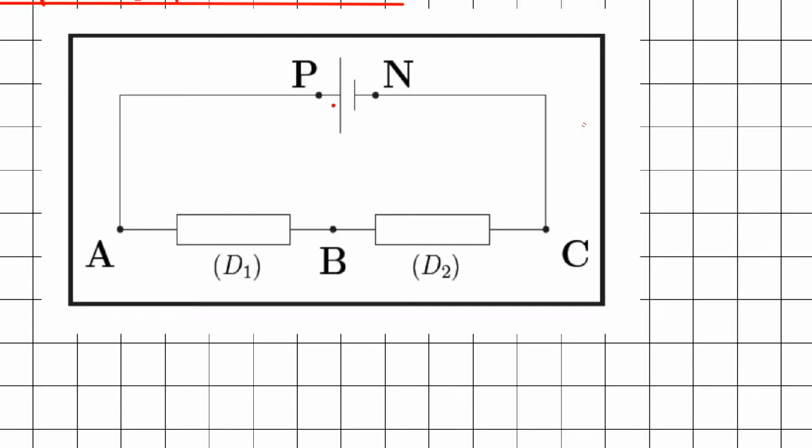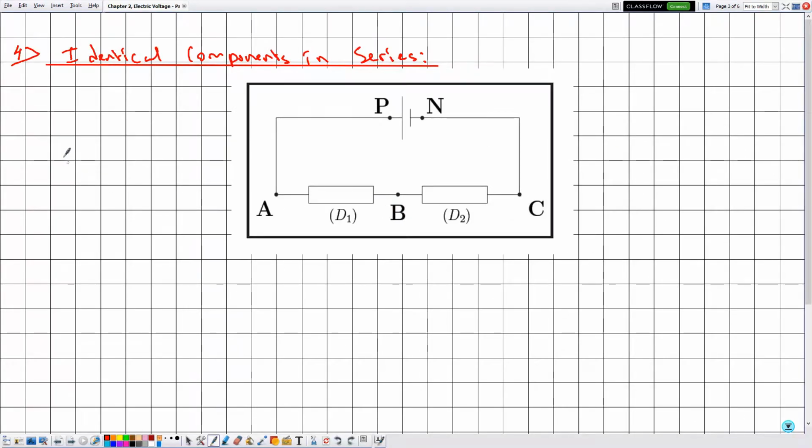We have a DC voltage source which is given by UPN, and we have two electric loads or electric components given by D1 and D2. Now suppose that D1 and D2 are identical loads. By loads we mean electric components, so identical electric components.